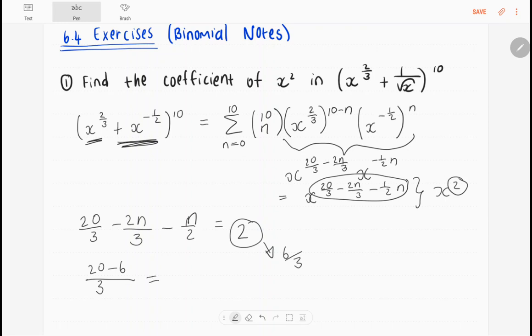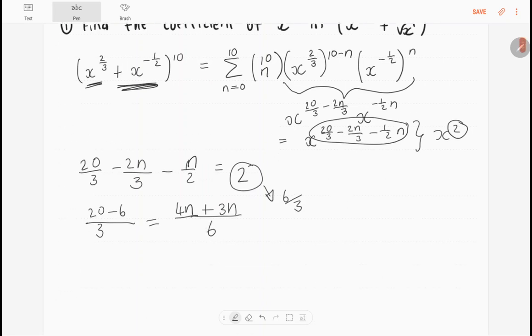On the right hand side, I'm going to have 2n over 3 plus n over 2. But I can write all of that on one denominator, so I can write it on 6. So it's going to become 4n over 6 plus 3n over 6. Then we can divide both sides by 2.